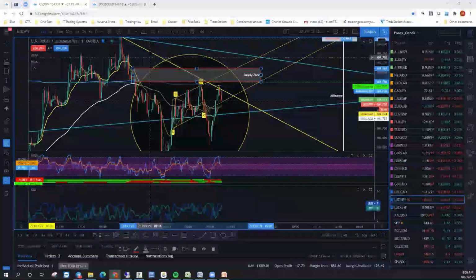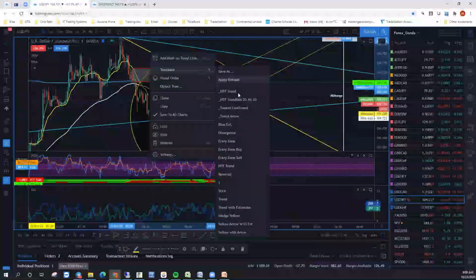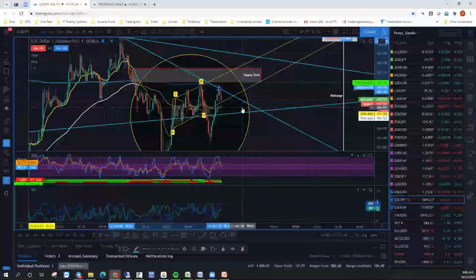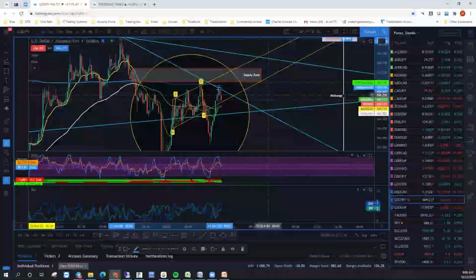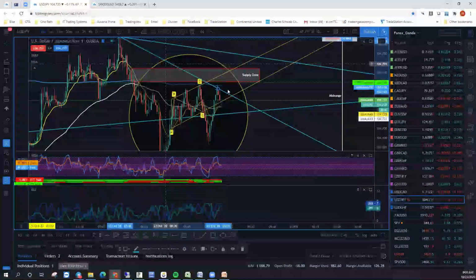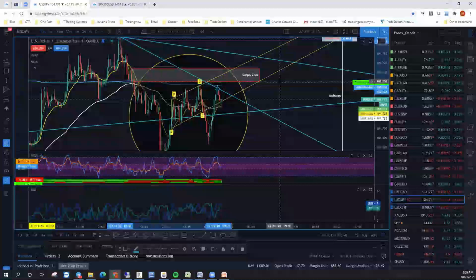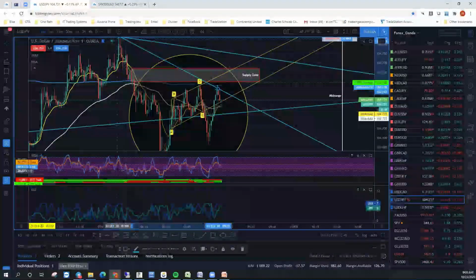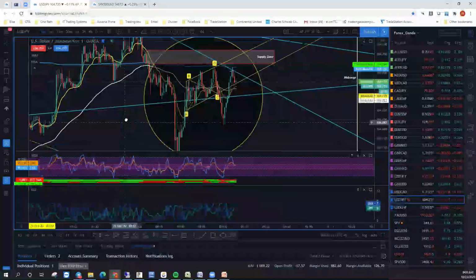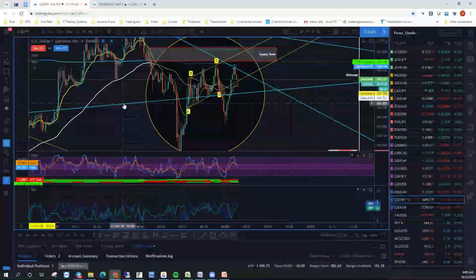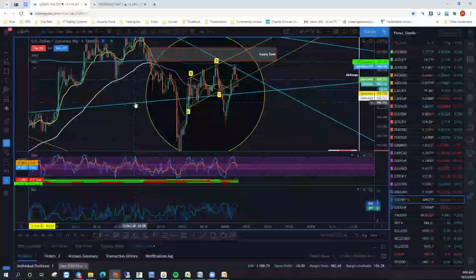So this trend line now is valid. It's confirmed. We had the bounce. Now it's confirmed. Now if it breaks, the trend has been broken. This one has been broken on both sides, so this one's really no longer valid.